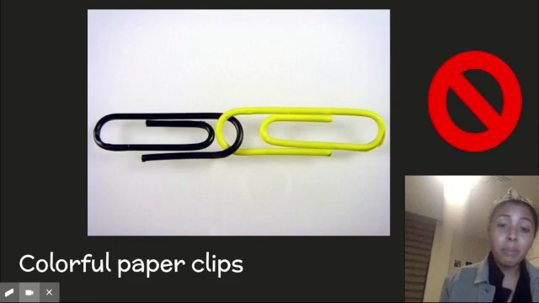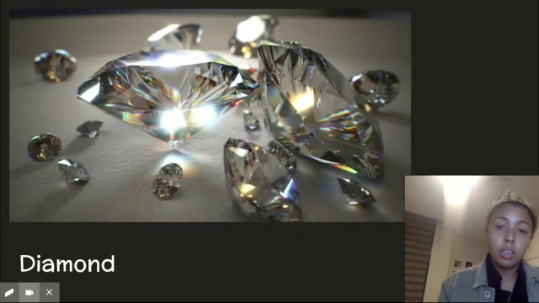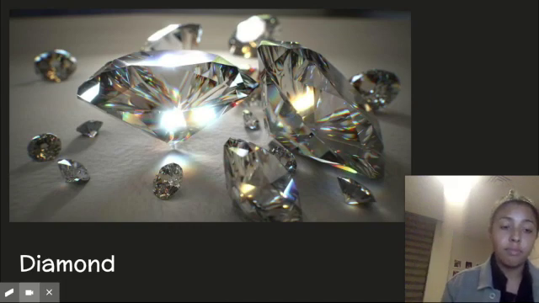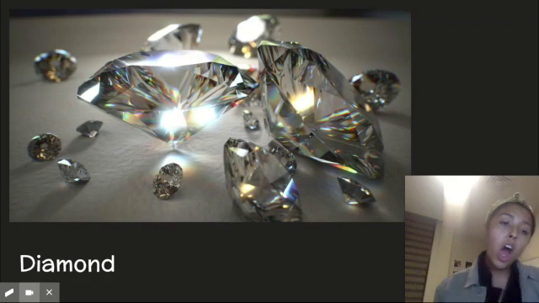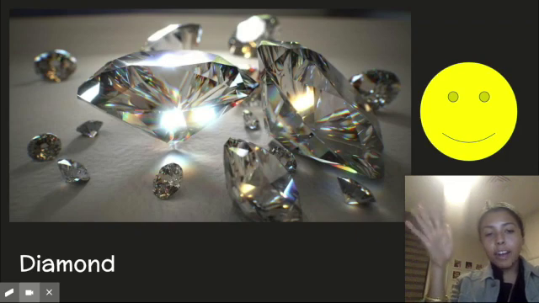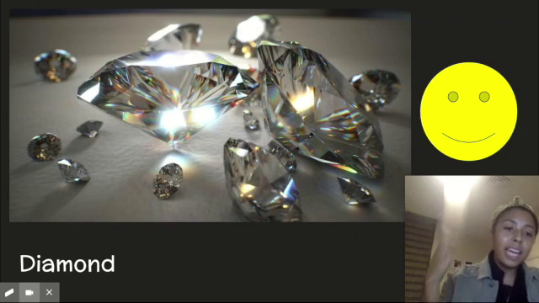While these paper clips might be colorful, they are not shiny, so they are not going to reflect light. What about a diamond? Can a diamond reflect light? Oh yeah, a diamond can reflect light. Shout out to you if you showed silent excitement and you knew that.